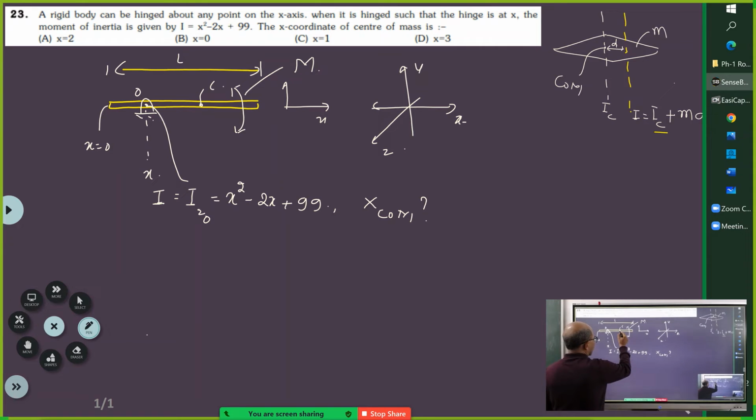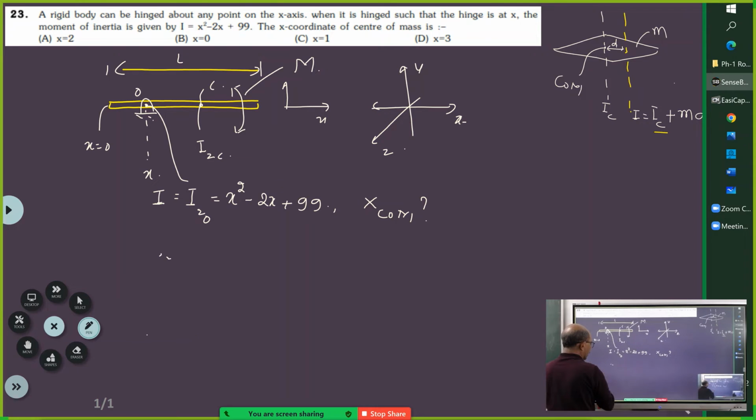The axis passing through this, perpendicular to this board, will be IZC. And this axis perpendicular to the board passing through this point is IZO. Correct? Now what is the relation between this IZO and IZC?